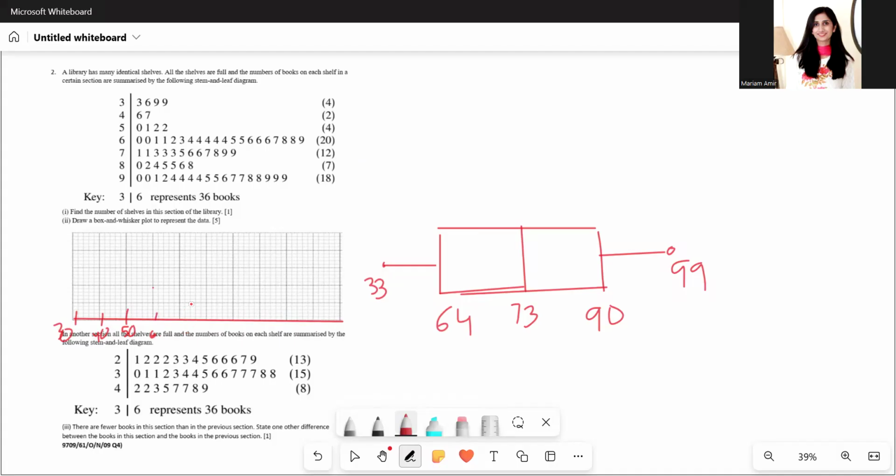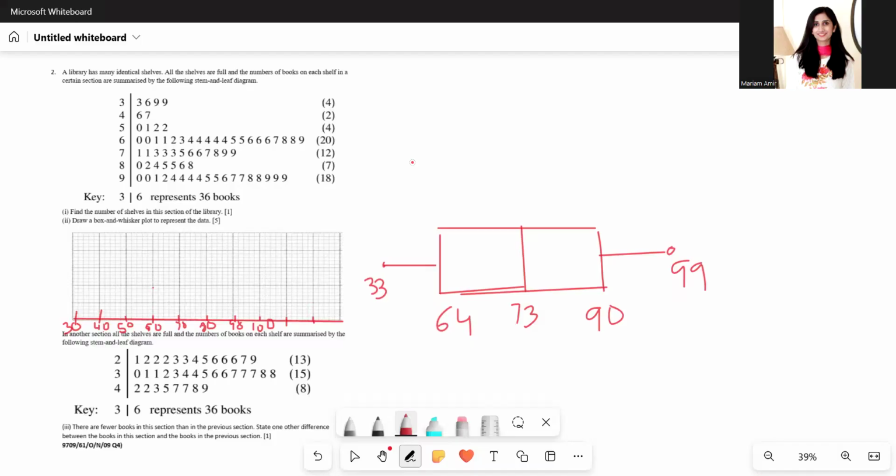It's completely overlapping the next part. Let me try to do a better job at it. Okay, so I've scaled the x-axis and now we label it. These are the number of books, so you write number of books.